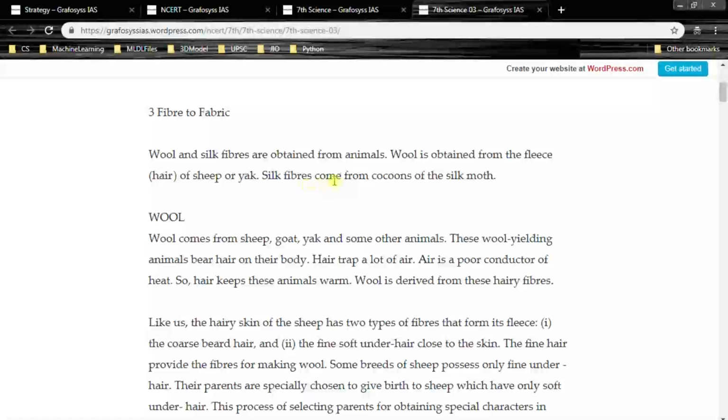Silk fibers come from cocoons of the silk moth. Right, wool from sheep or yak or any animals which live in cold places, and silk fibers from cocoons.